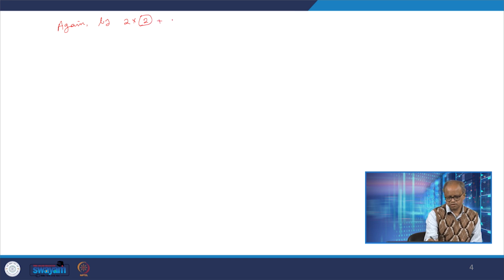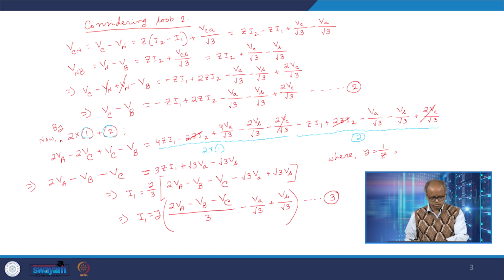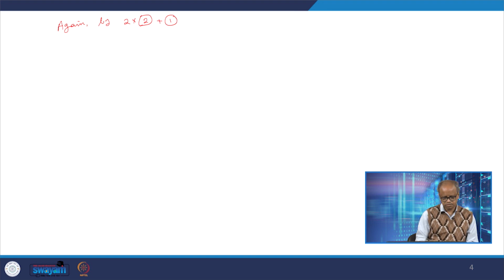For solving I2, we again do 2 into equation 2 plus equation 1. So 2 into equation 2 is 2VC minus 2VB.